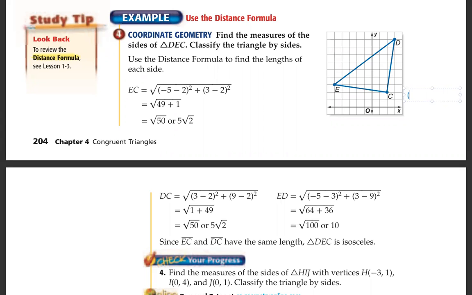Point C, the x coordinate is +2. See, from 0, 1, 2. So we put +2. The first number is always x, and then the second number is y. Going up from 0, it's 1, 2. So C is (2, 2). What about D?